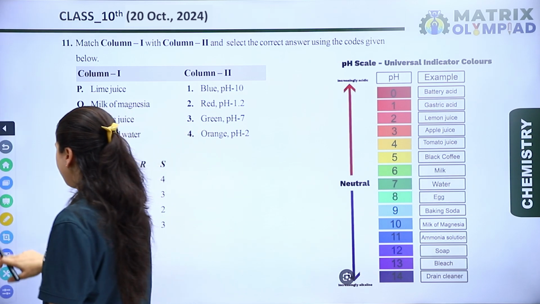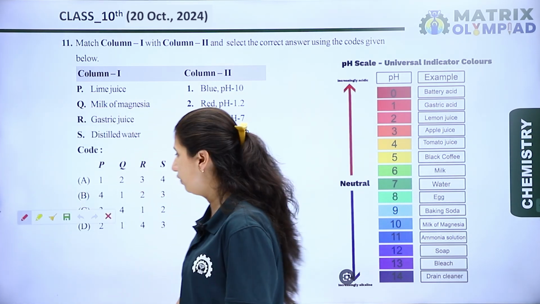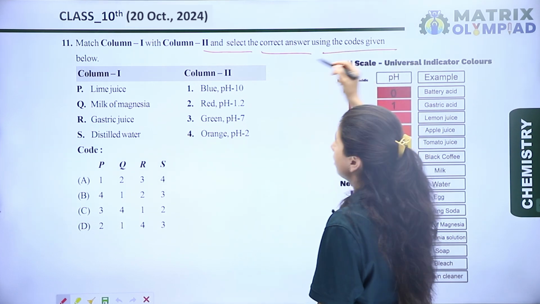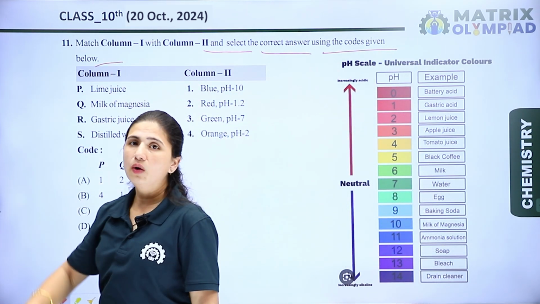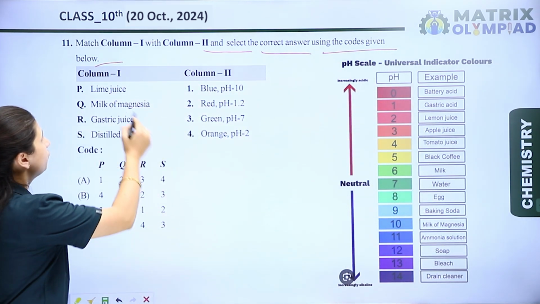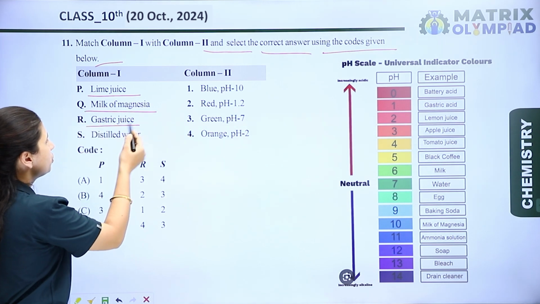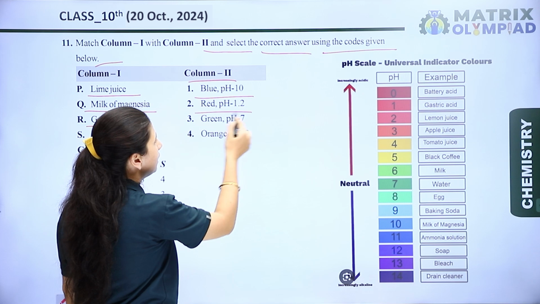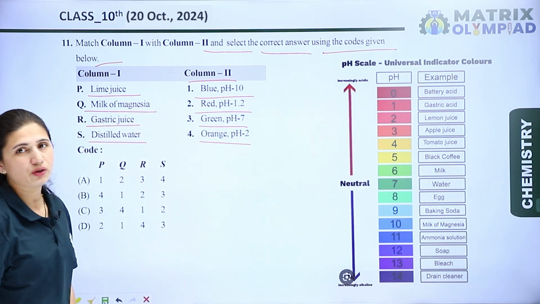The next question is: match column first with column second and select the correct answer using the codes given below. Now let's see column first. In column first, there are different solutions given, and in column second, their color and pH values are given.